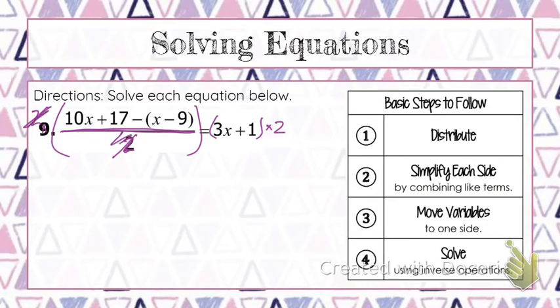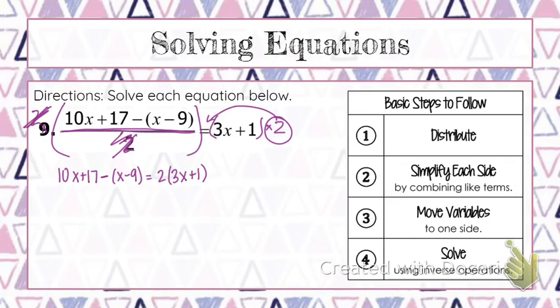So those 2's cancel, and we're left with 10x plus 17 minus x minus 9 equals, and I'm going to write this 2 out in front so it looks more like a distribution, but it's correct either way you write it. So I'm going to do 2 times 3x plus 1.